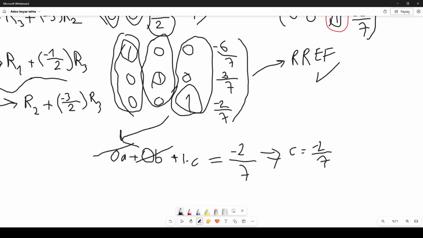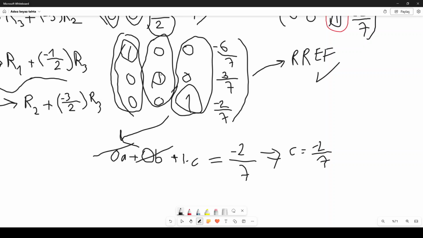And also the values in the same column besides the leading entry shouldn't be equal to 0. But when we take into account these values and have a reduced row echelon form, our computational cost is very low, right? Almost no computational cost.